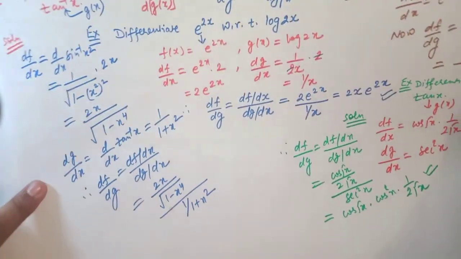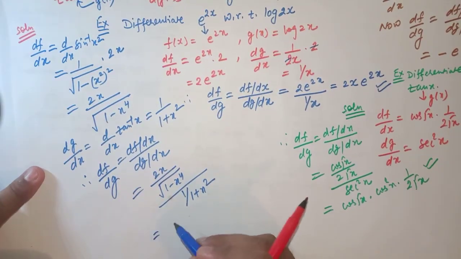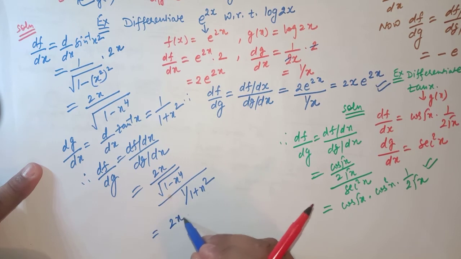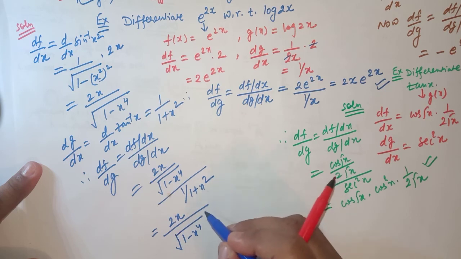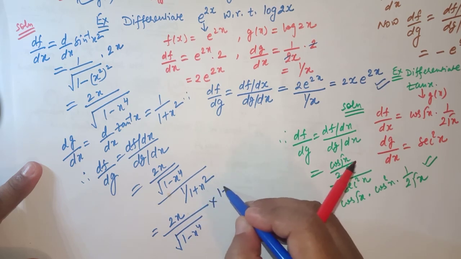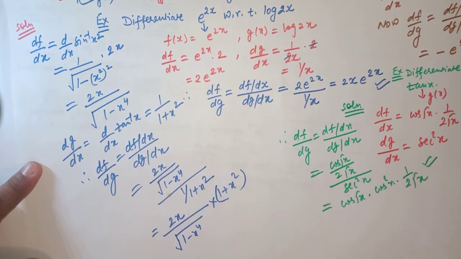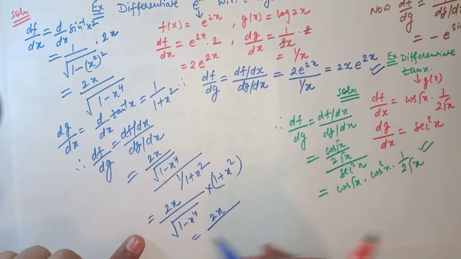Now we can write it as 2x over square root of 1 minus x raised to power 4 multiplied by 1 plus x square.